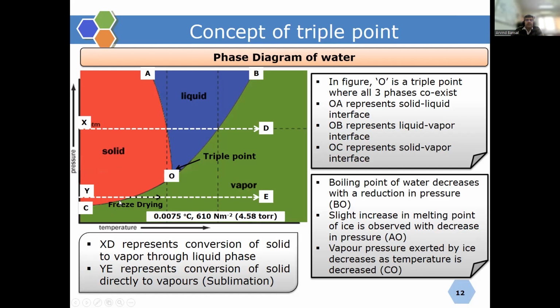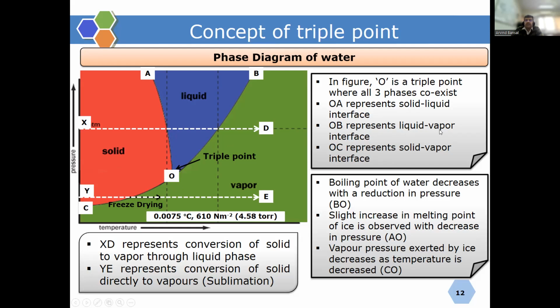If we understand this picture in more detail, O is the triple point where all the three phases, that is solid, liquid, and vapor coexist. OA represents the solid liquid interface. This is the OA line, and this is the solid and the liquid interface.